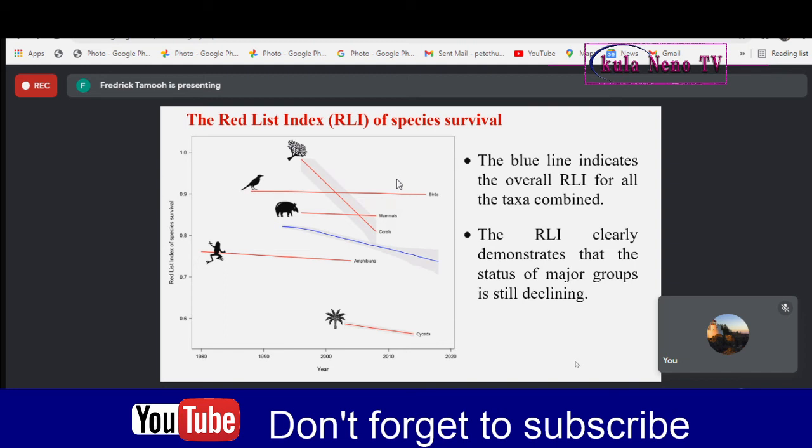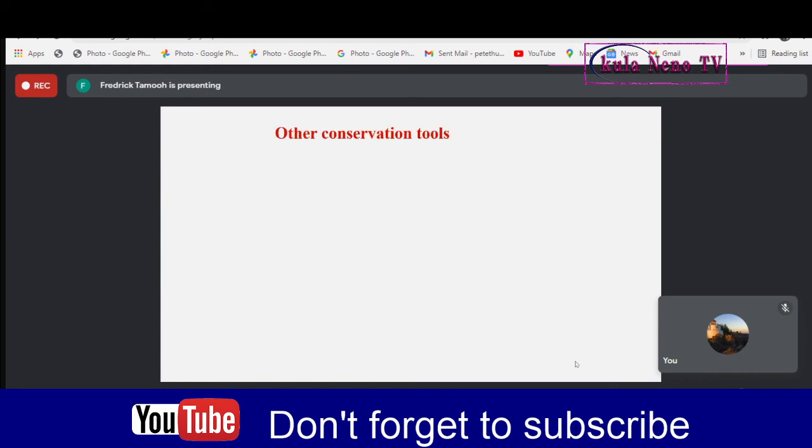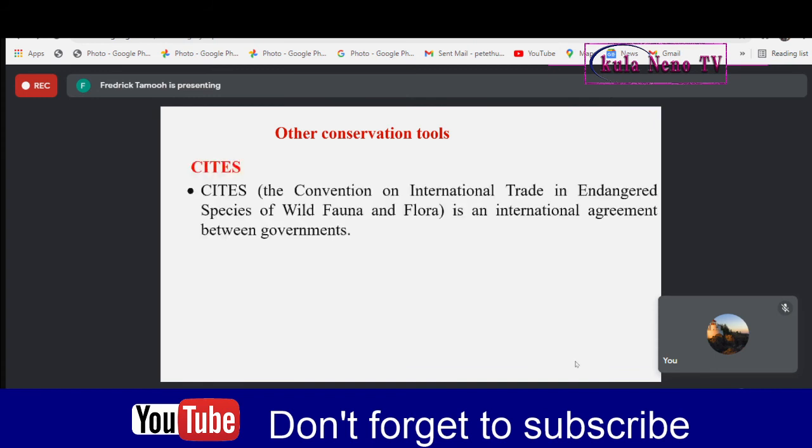We all know what CITES stands for, is it? Yeah. So we have other tools, and CITES stands for the Convention on International Trade in Endangered Species of Wild Fauna and Flora.